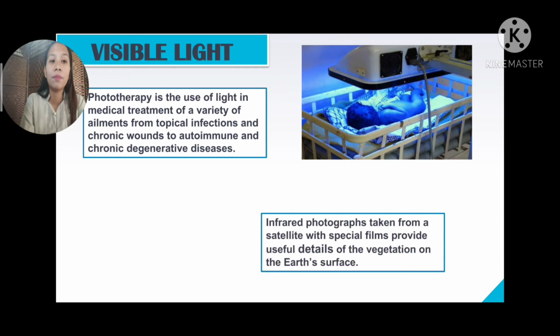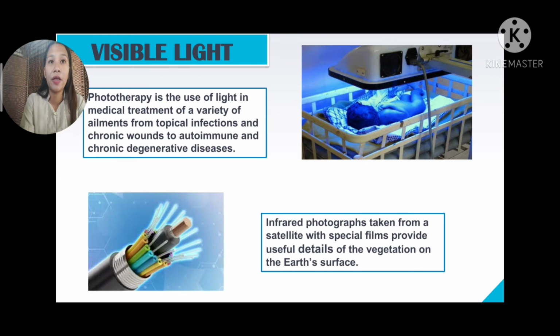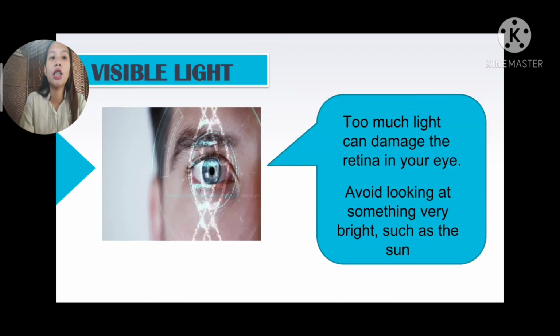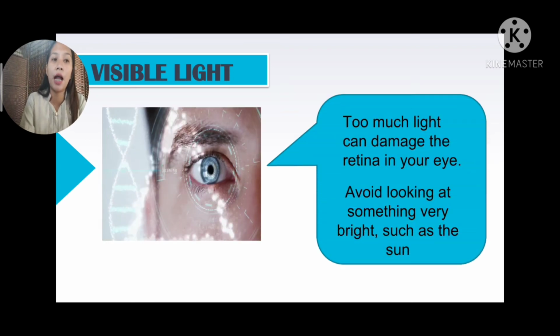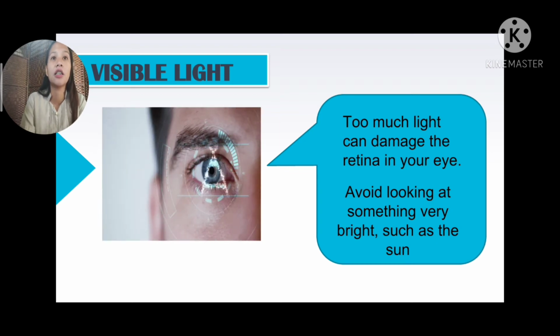Because light in these wavelengths can penetrate and be absorbed by subcutaneous cells, it can act on wounds, internal injuries, and diseases. However, too much light can damage the retina in your eye, so avoid looking at something very bright, such as the sun.